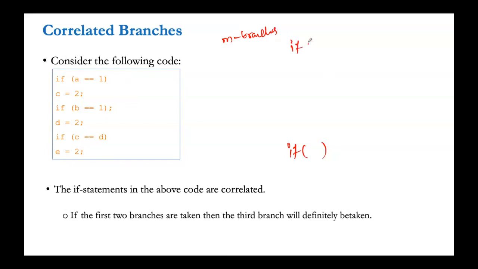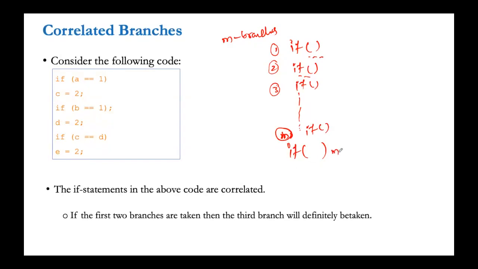That means your first if branch, second if branch, third if branch, and so on, up to the m-th if branch.